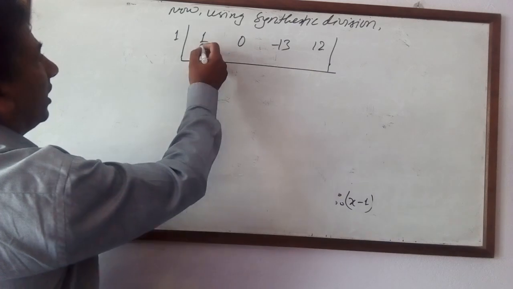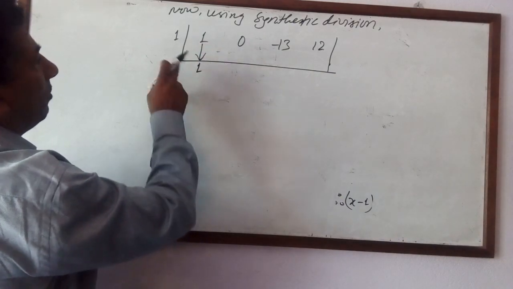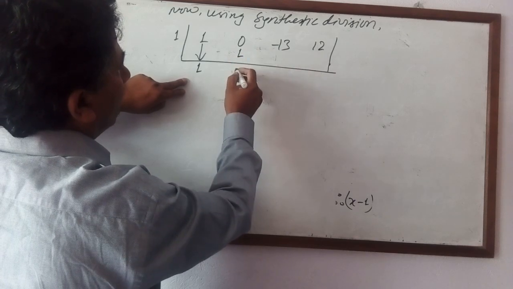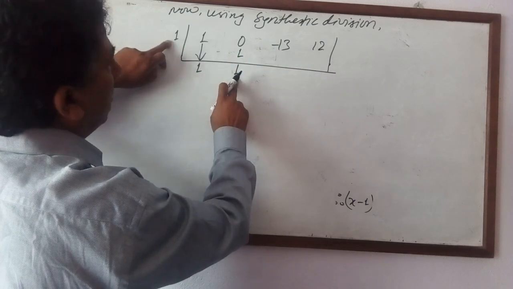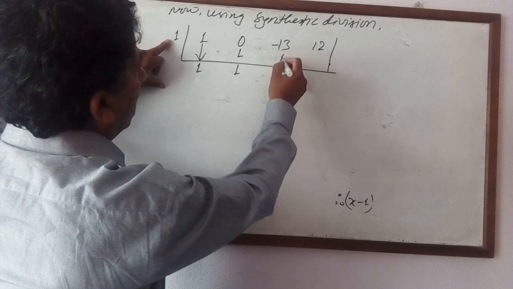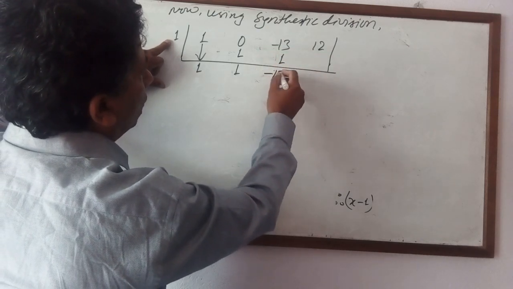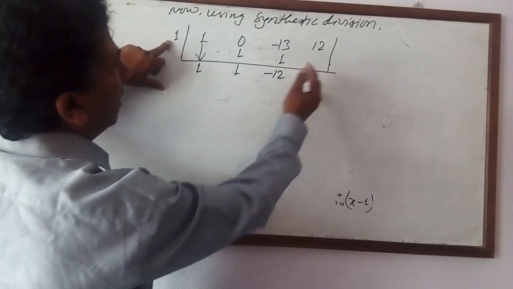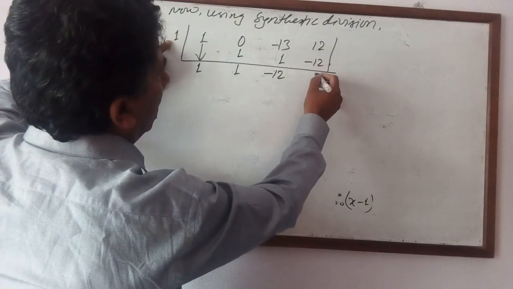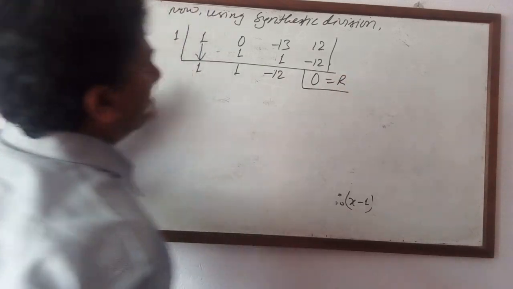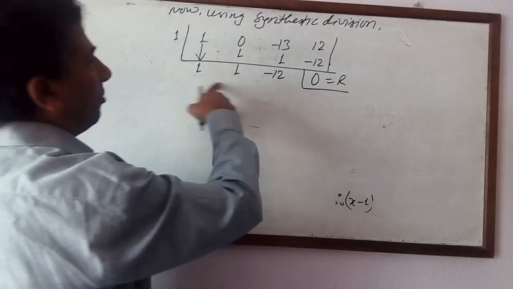Bring this 1 down here, multiply 1 times 1, 1, right here, 1 and 0, 1. 1 times 1, multiply this by this, it will be 1. Minus 13 plus 1 is minus 12, multiply minus 12 by this one, it will be minus 12, and the value will be 0. Now this last one is the remainder.